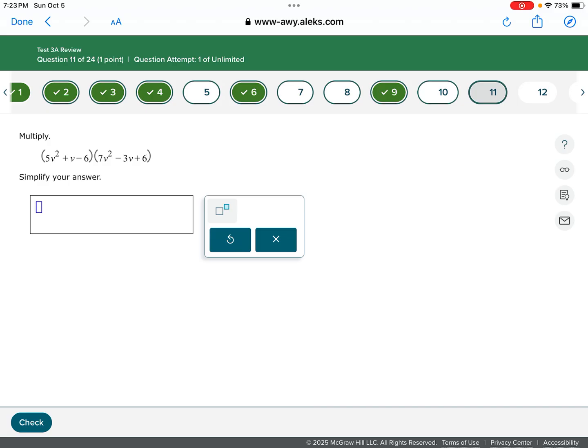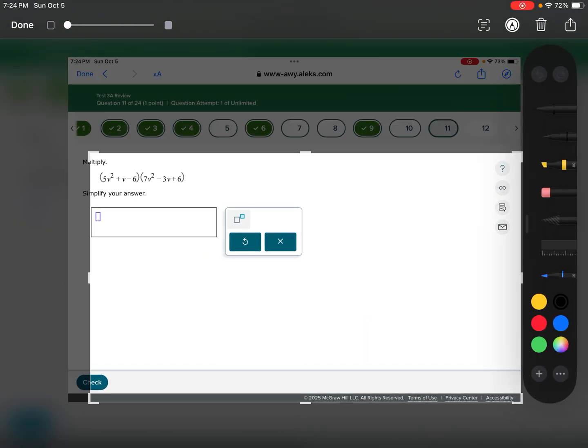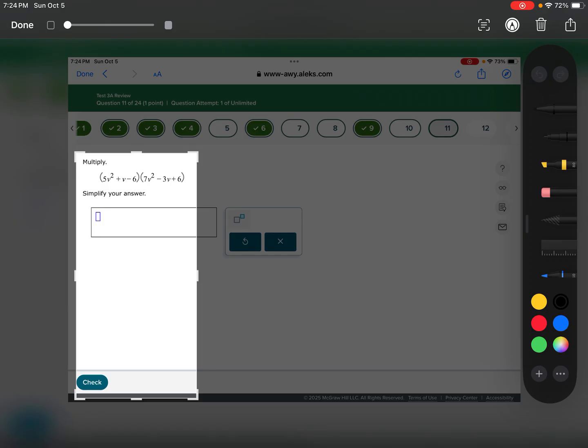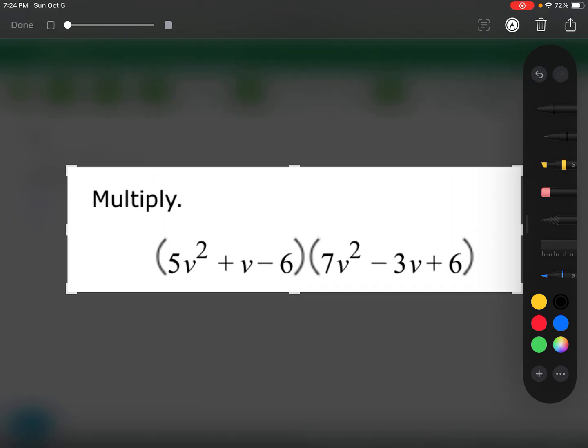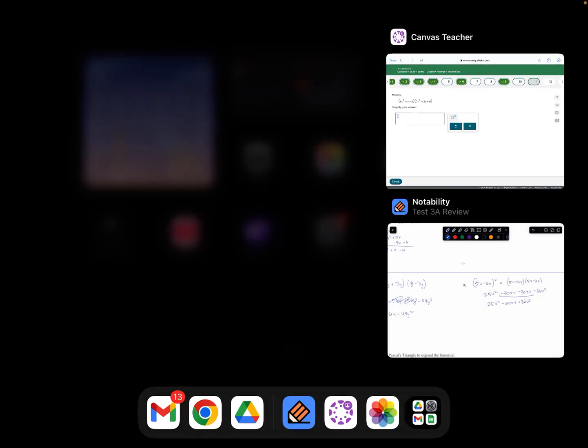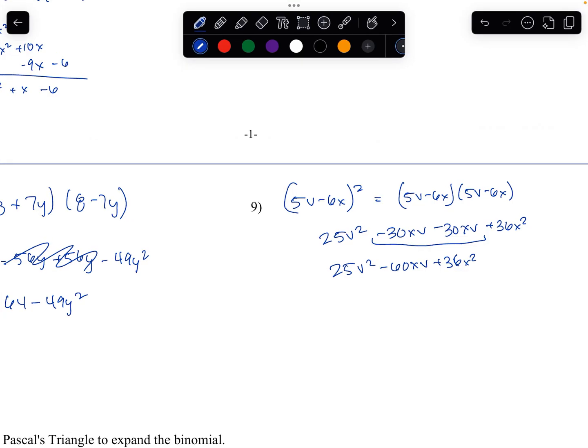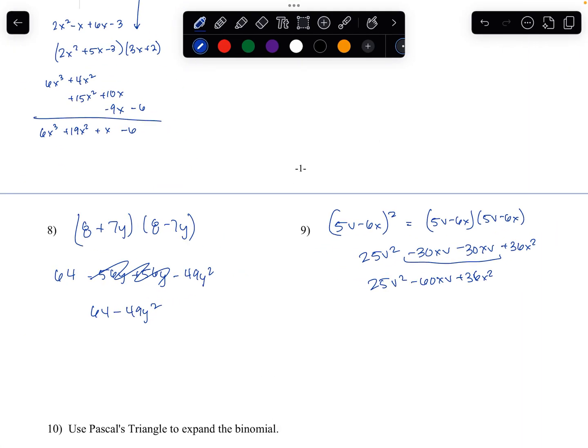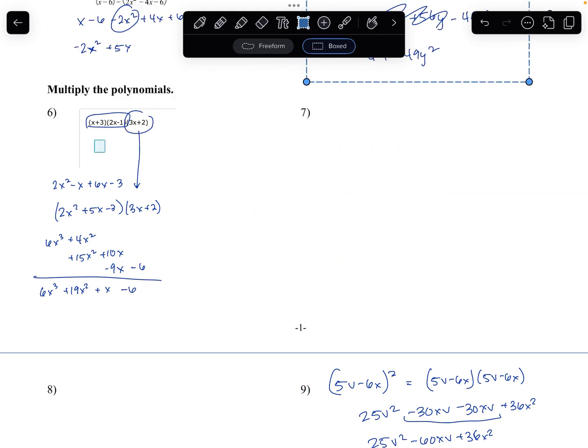Okay, for 11, multiplying two trinomials together. This one shouldn't be that bad, but it's just kind of lengthy. So my guess is that this right here is going to be what your question 7 is.